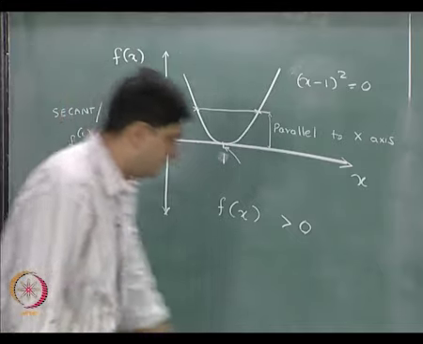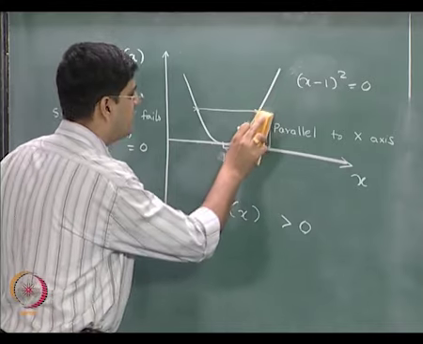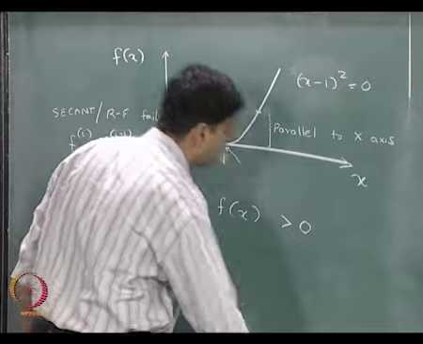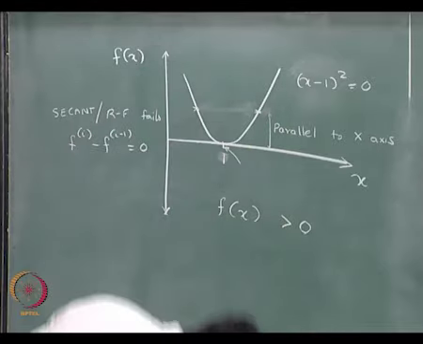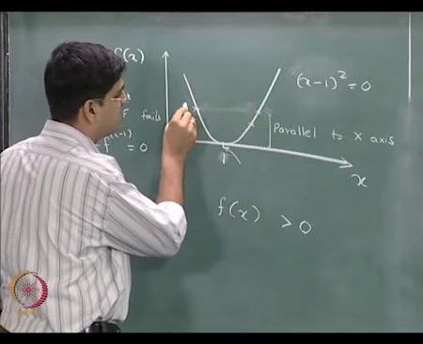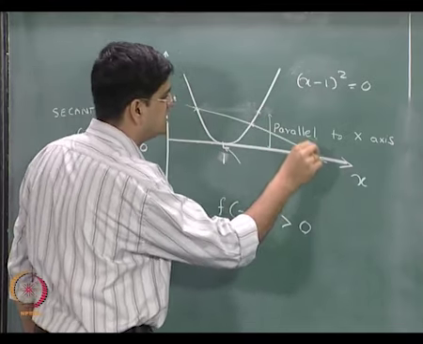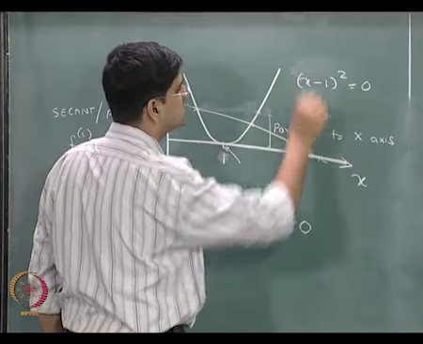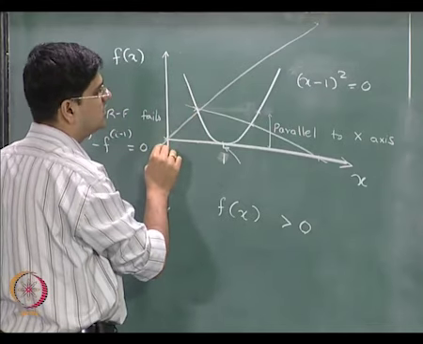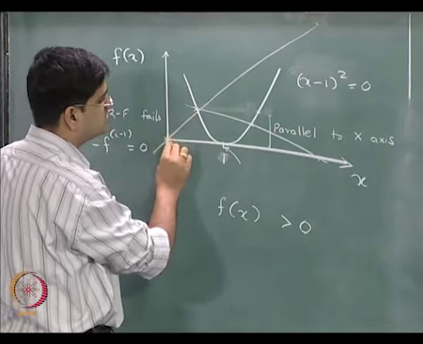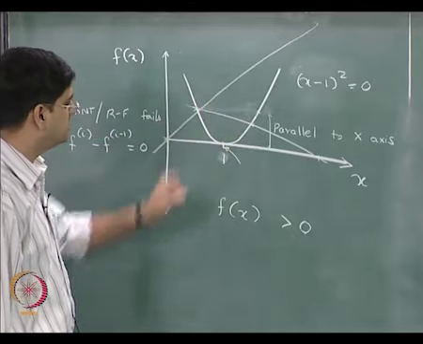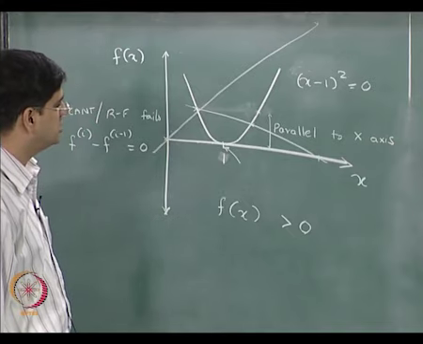Okay. However, the secant method will not fail if we have even a slight difference between xi and xi plus 1. So if we have a situation of this type, we can always connect this point. We will essentially get this particular point as the next point, and then we will be able to connect this, we will get this as the next point, and so on and so forth, and we will end up reaching the solution eventually.